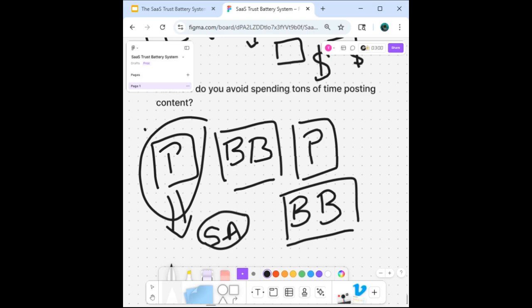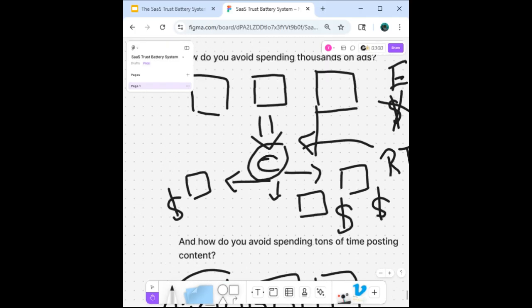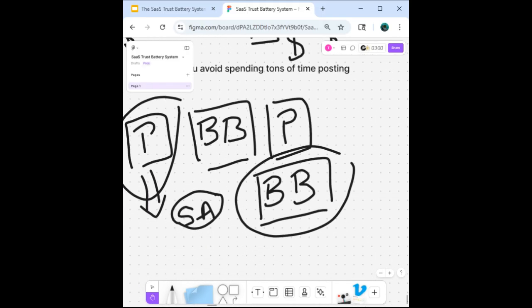And the other bit of content that you want to create is belief building content. Now, what is belief building content? Belief building content is essentially content which inculcates the right beliefs in the consumer's mind that wants to get them to buy your product. What do you need them to believe in order to sign up for your SaaS?